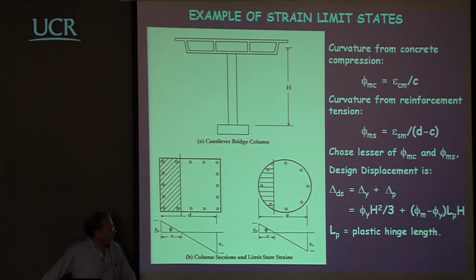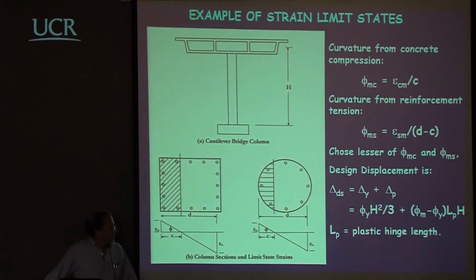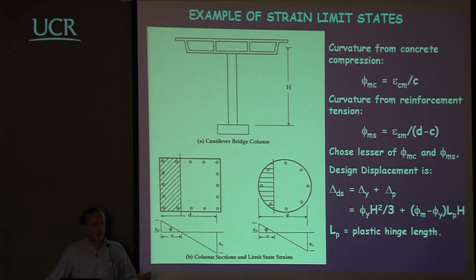So this means that the first part of that sum requires only 1 minute of calculation, not more. The second part of that sum is different, because it depends on what level of displacement you want to attain at your performance level.